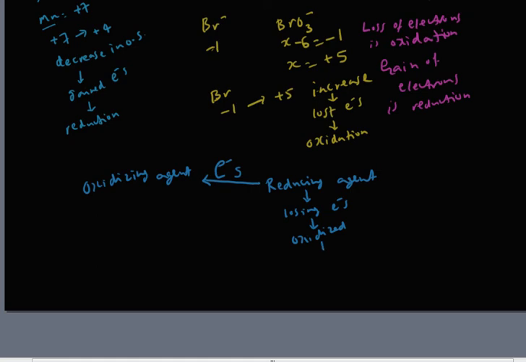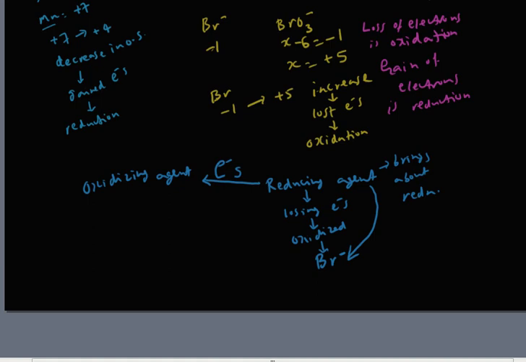So that's being oxidized, Br minus. So that's our reducing agent. Well, what does a reducing agent do? It helps reduction or brings about reduction by giving electrons.